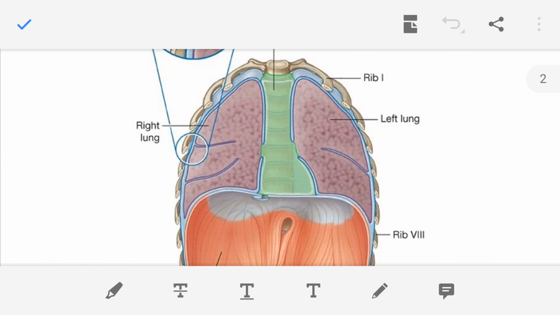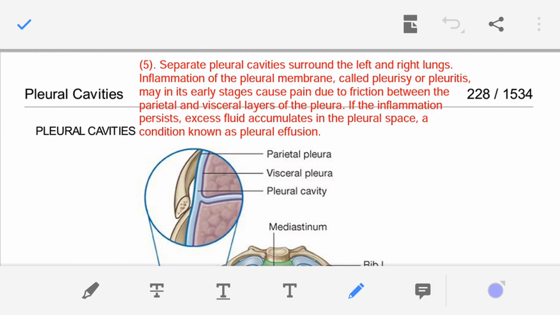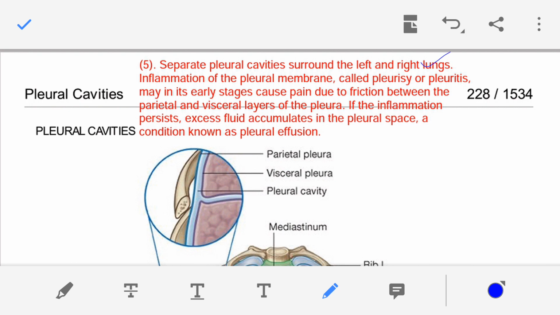Okay, so separate cavities surround the left and right lung, and the situation in which the pleural membrane gets inflamed, that condition is known as pleurisy or pleuritis.